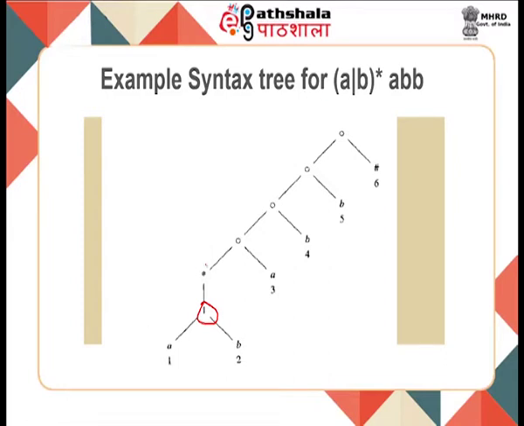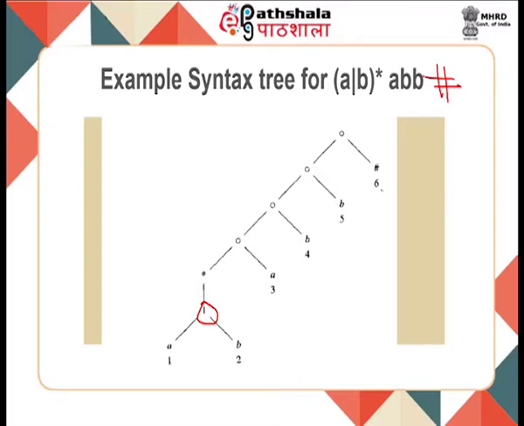Then followed by that there is an implicit concatenation operator, the dot here, and a hash which terminates after this. This is your R followed by hash. So, this is (a|b)* followed by a, followed by b, followed by b, and then followed by hash.